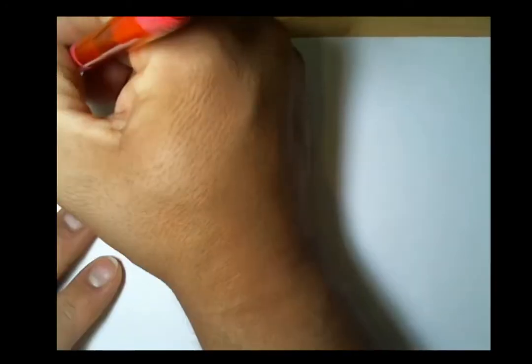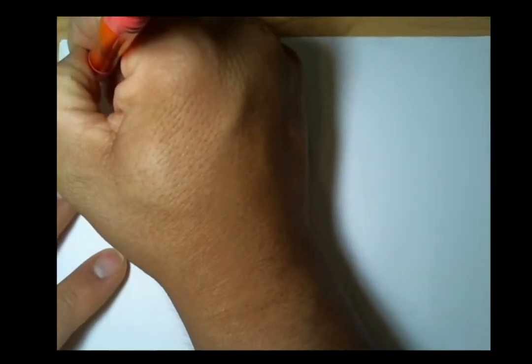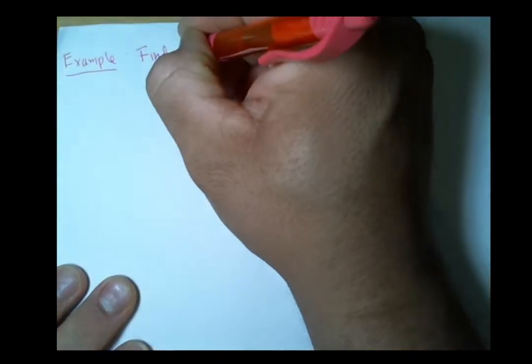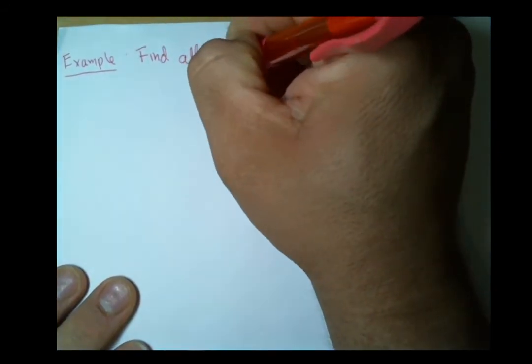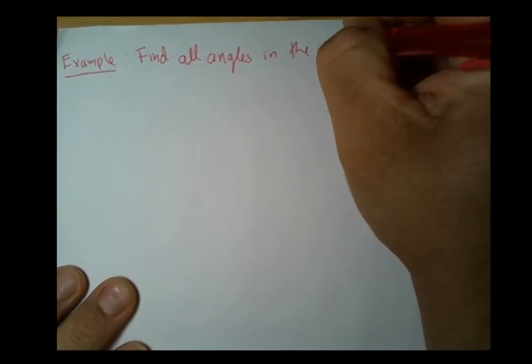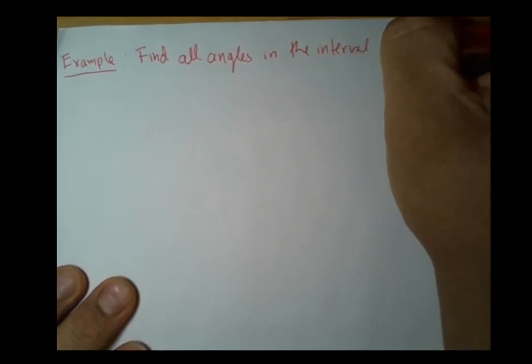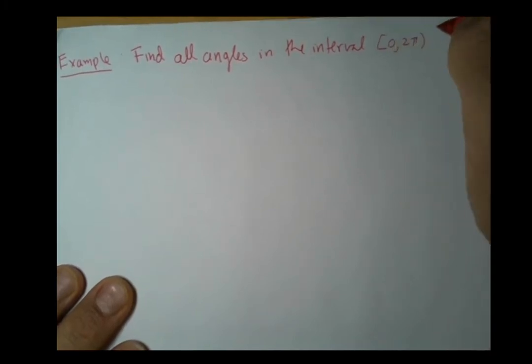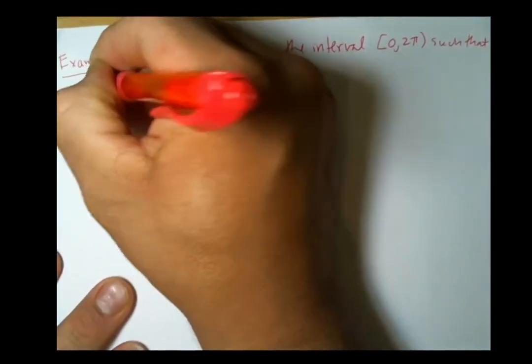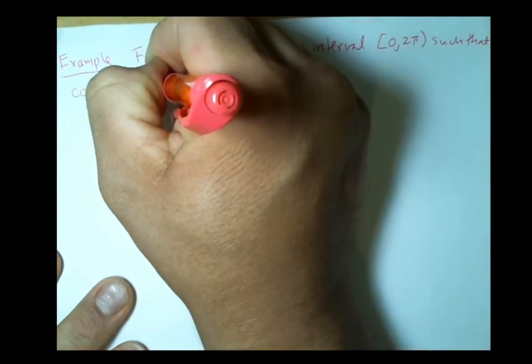So here, for this example, let's say I want to find all angles in the interval such that cosine of theta is equal to negative 0.58.